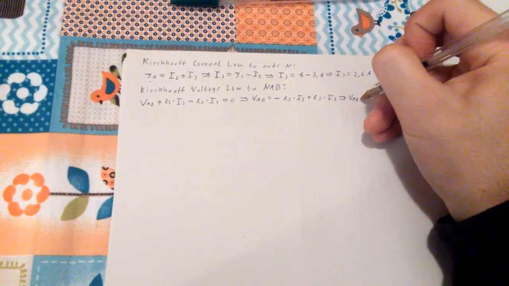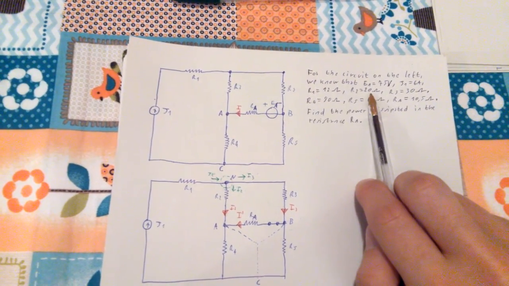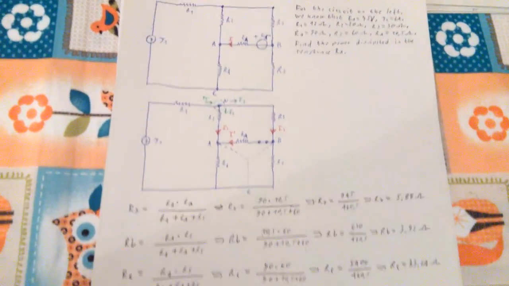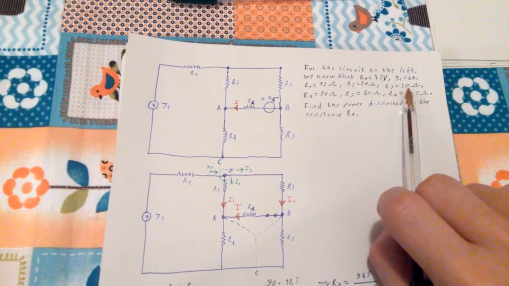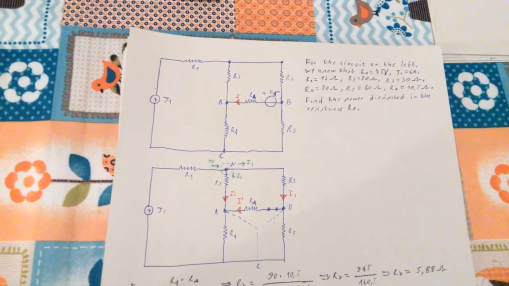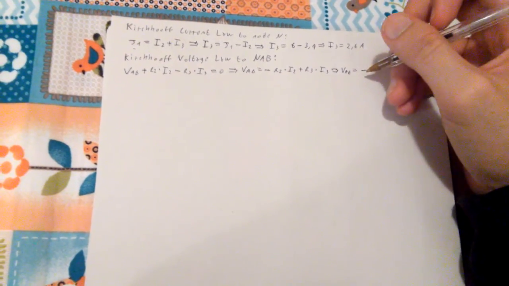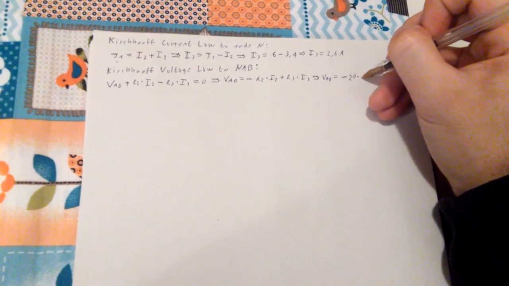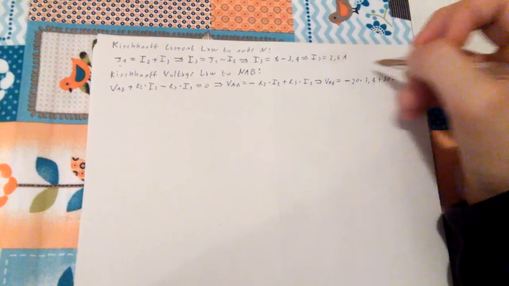If I plug numbers back in, R2 was 20 ohms, I2 was 3.4 ampere, R3 was 30 ohms, and I3 is 2.6. So it will be negative 20 times 3.4 plus 30 times 2.6.